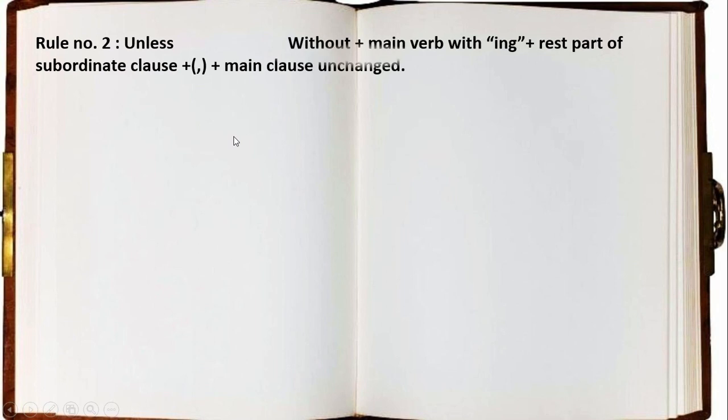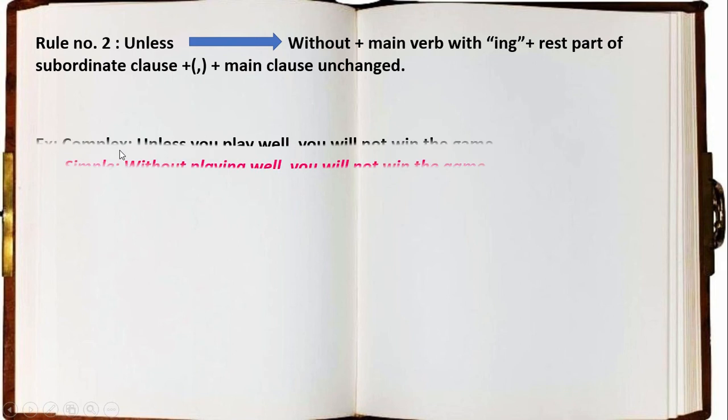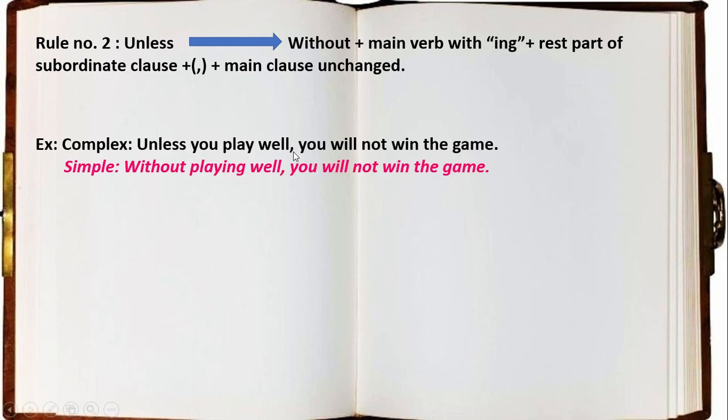Next rule is if there is unless in the subordinate clause, then what will be the change? Unless you play well, you will not win the game. Instead of unless, we will write here without. Then we will omit this subject and we will write the verb with ing.